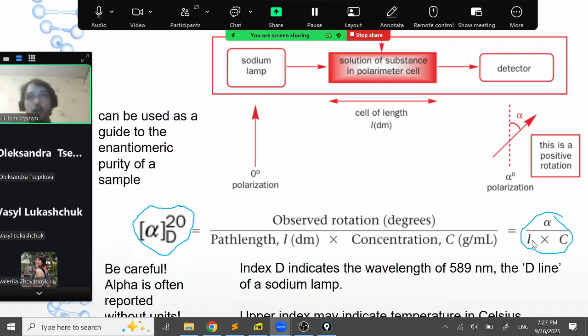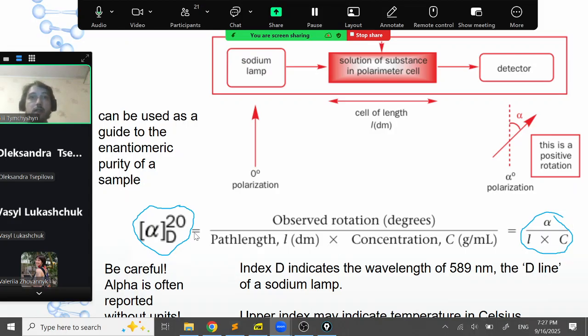And the same thing goes with the concentration. We may work with different concentrations of the same chemical, and we want to compare some parameter that has to do with the chemical itself, not with the arbitrary choices that we have made in our experiments, like length of the tube or the concentration that we use for measuring.